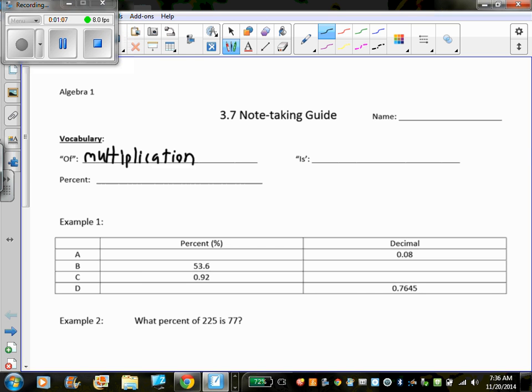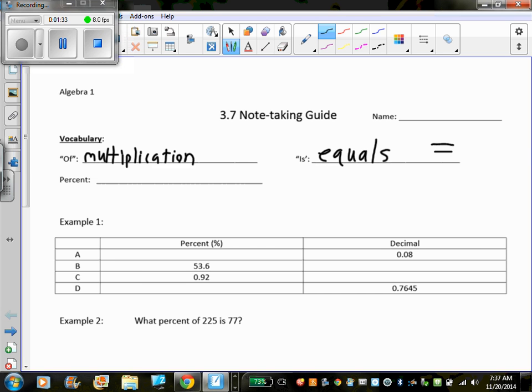"Is" will always mean the same thing as well. In fact, you've seen "is" before in equations, and it means the same thing. When you see "is," that's going to mean equals. So we have our equals there, and we have multiplication going on in the "of."